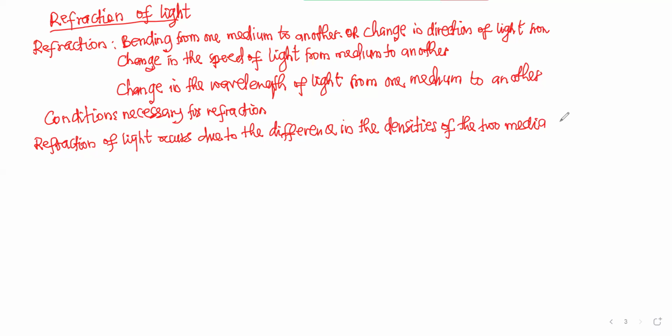Now, in defining this, we use the word or the adjective optical. Optical, because for us to have an evidence of refraction taking place, the two materials must be such that they will freely allow light to pass through. So yes, their densities must be different, but the materials must be such that they allow light to pass. So if they have different optical density, all right.